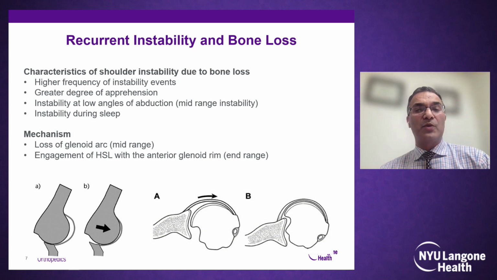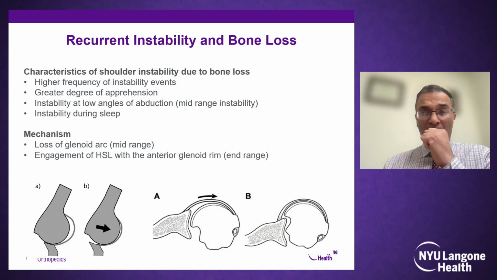Patients with bone loss tend to have a higher frequency of instability events. They have relatively greater degree of apprehension, which results in instability at low angles of abduction. They will complain that their shoulder is coming out with simple tasks like pulling a bed sheet over them. And they will also complain of instability during sleep.